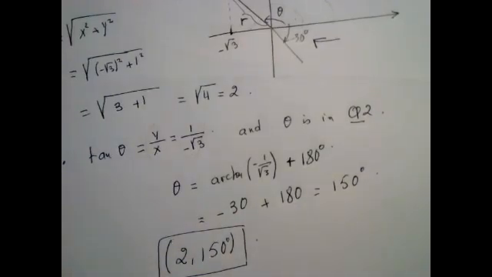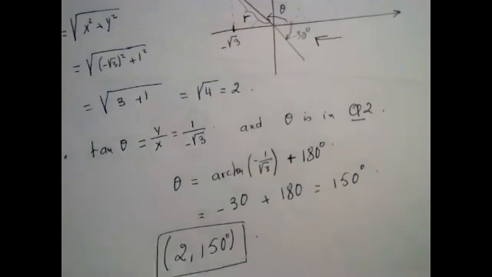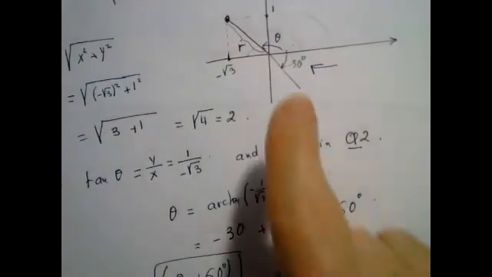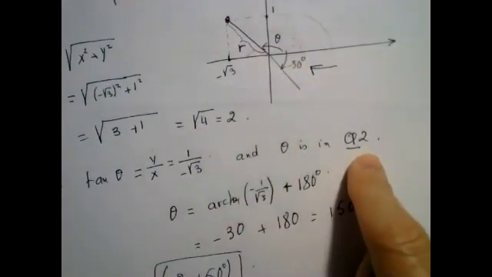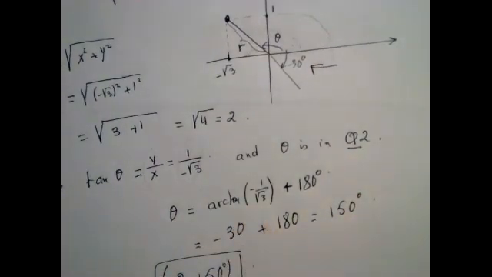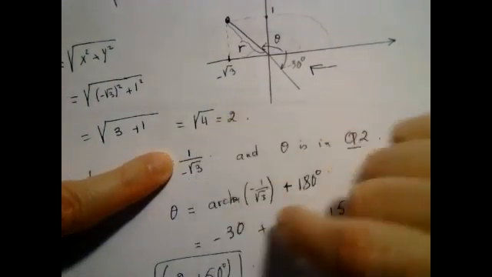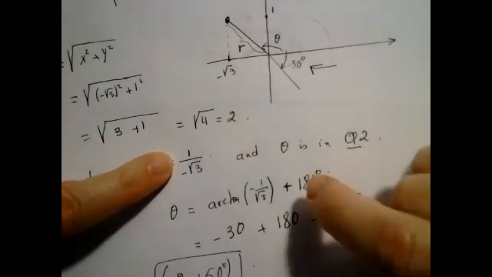I stop. Questions about this problem? So whenever you go from Cartesian to polar, step number 1, you draw the point. You have to know where your angle is. Drawing it tells you that you are in quadrant 2. When you use the arctangent, it has to give you one angle whose tangent is -1 over square root of 3, and there are a lot of them with the same tangent.